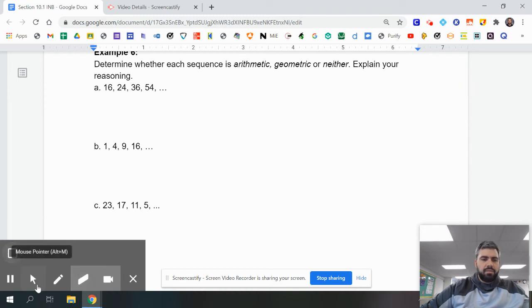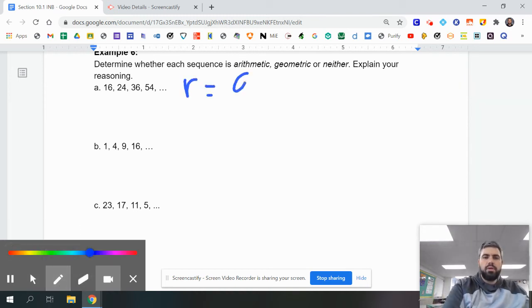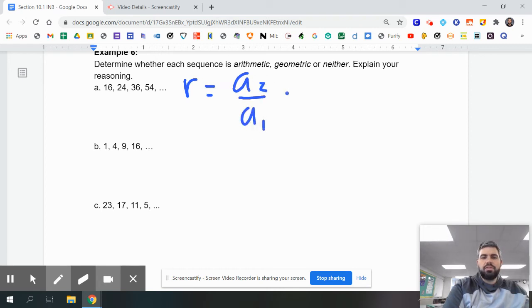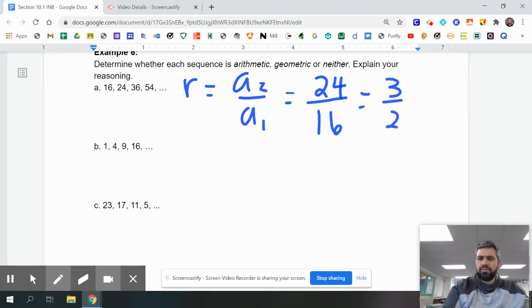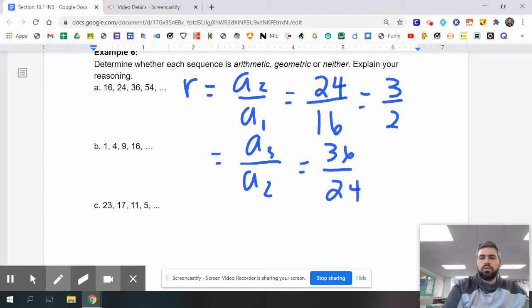So I get rid of all that, and then I try common ratio, okay? The common ratio, remember, is the second term divided by the first. So in this one, it would be 24 divided by 16. And when I do that, I get 3 over 2, or 1.5. Okay, I try the next one, A3 over A2. And so that would be 36 over 24.